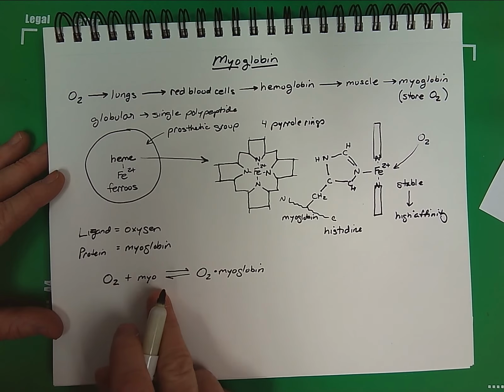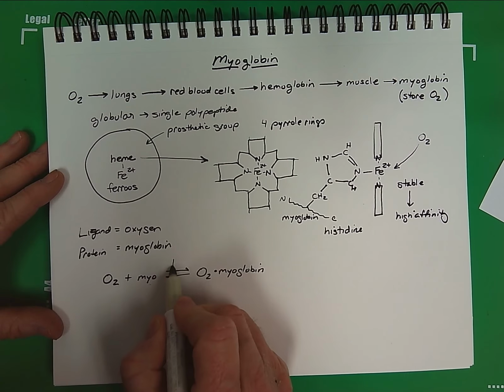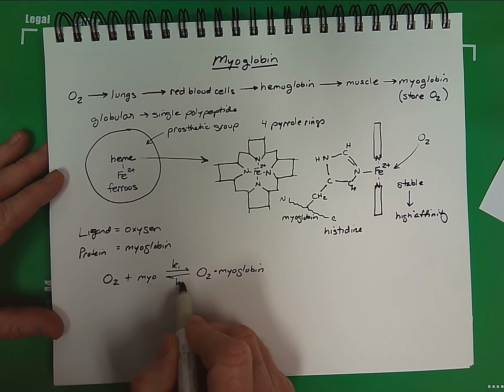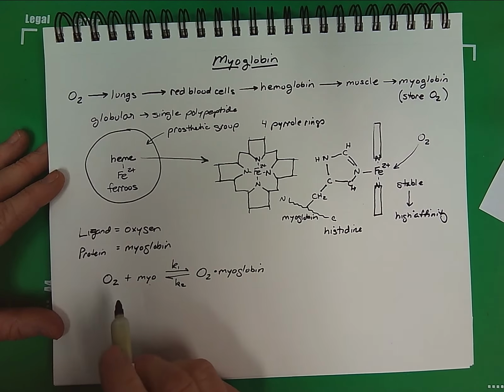So here are the substrates in our reaction, here's our product we're forming. Now of course there are rates of association, K1, and rates of dissociation, K2.